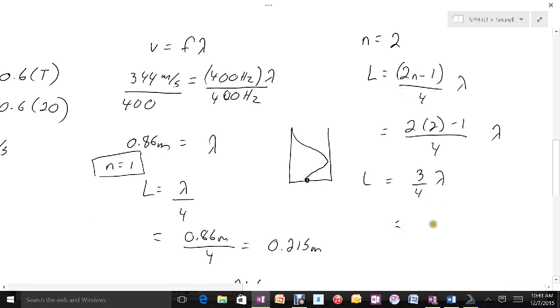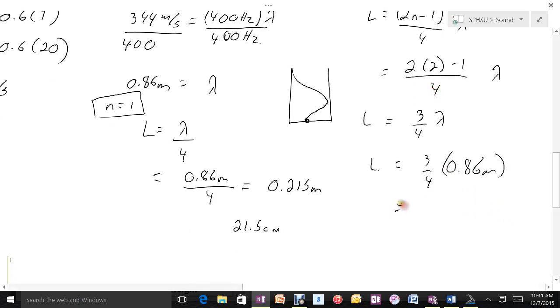So with that in hand, we can solve for the length, which would be the length of the pop bottle, which would be 0.645 meters, or 64.5 centimeters.